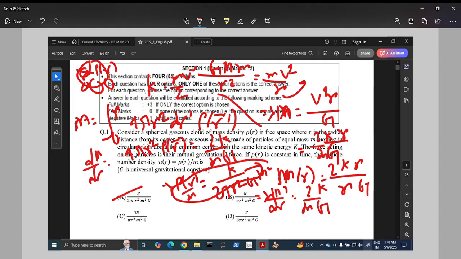This is the main goal. Why do I differentiate? To find rho(r). Once I get it, I match this dM dr and this dM dr, and from this I get rho(r) and also n(r). This is an interesting problem which comes in JEE Advanced.